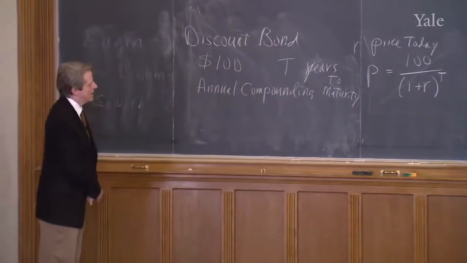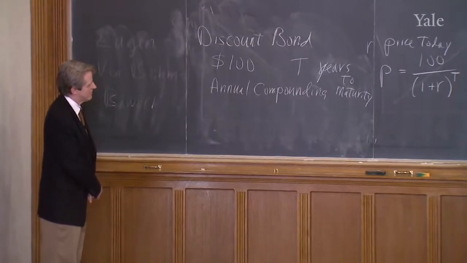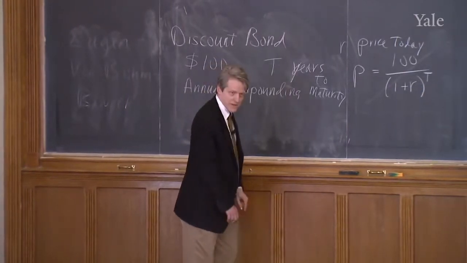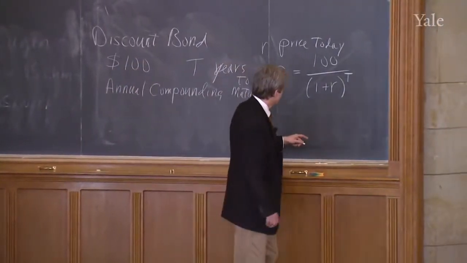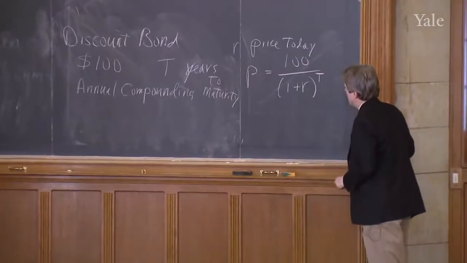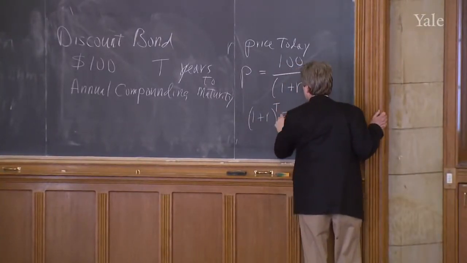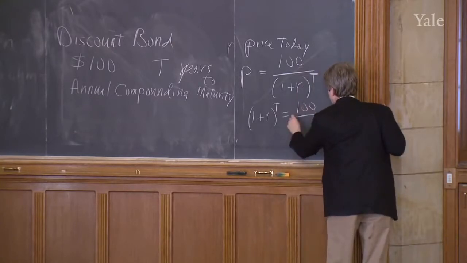That's the formula. In other words, 1 plus r to the tth power is equal to 100 over p.